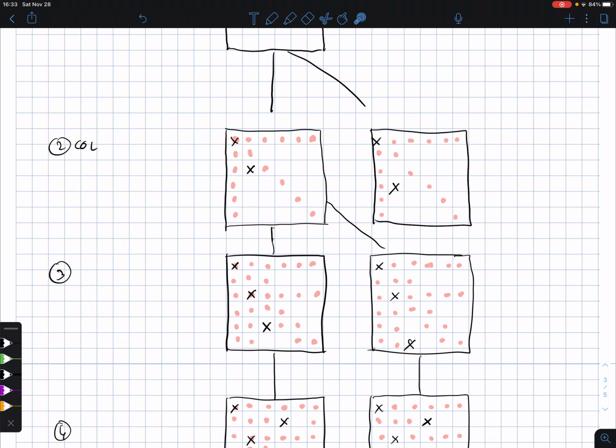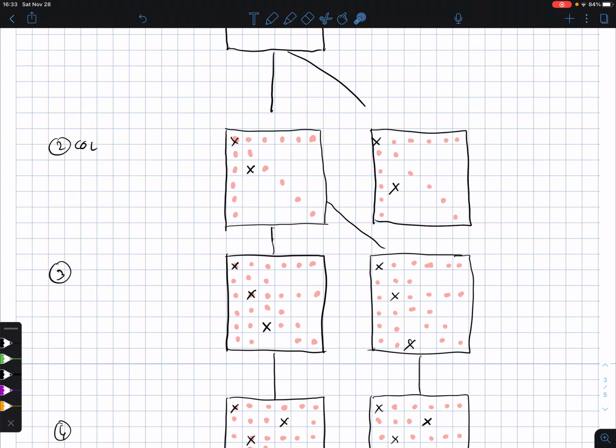The whole point is to find a solution, not to create a tree. So I need this information still. I cannot erase this yet because I need to know what things I'm trying with the second column. But anything below here, we know cannot work, so I don't need to keep them anymore. So I can erase them.